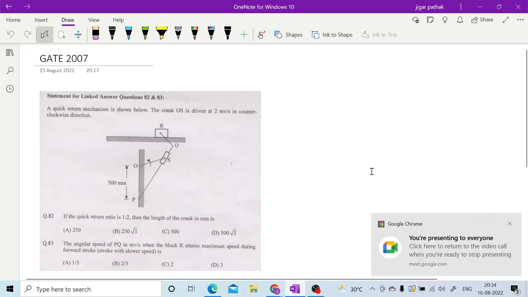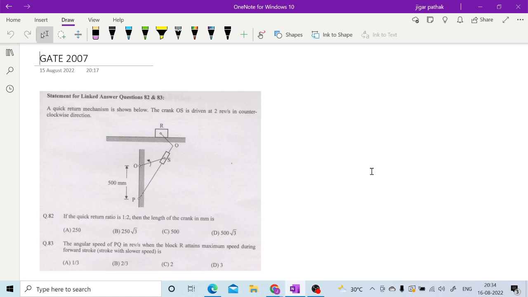Wait sir, wait. Question number 82. Please try this. Yes sir, so there, one by two, alpha by beta, length of the crank. Please mute yourself. Dhruv, please mute.